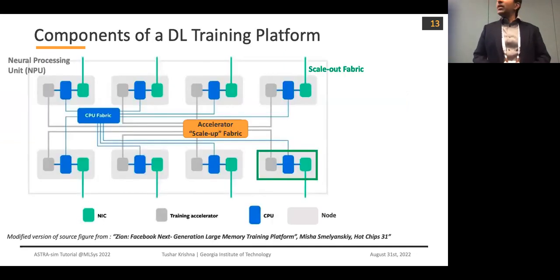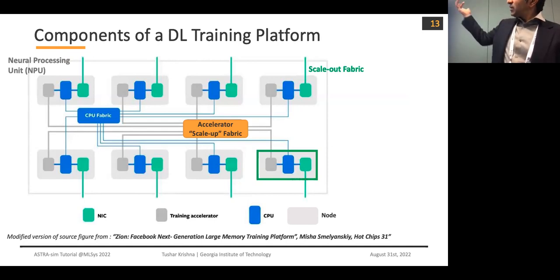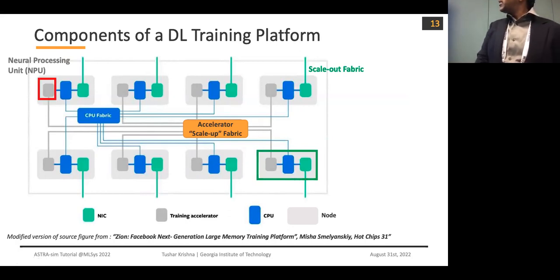So what constitutes a deep learning training platform? This abstract figure captures the major components. Of course you have your classic endpoint server nodes with the CPUs connected together. But some of the key components which are focused purely on the training task are these accelerators or neural processing units. We'll just use the word NPU to be very generic.